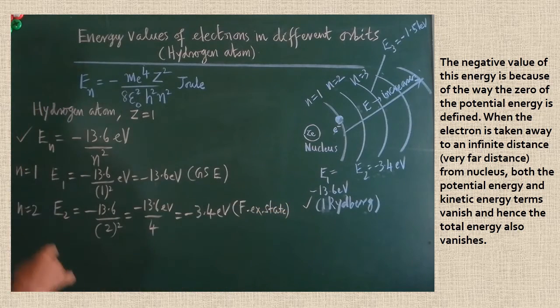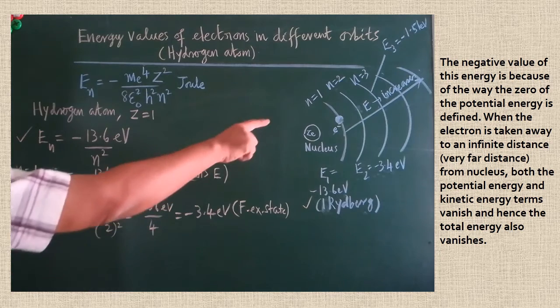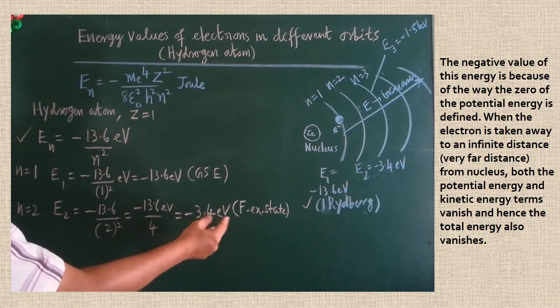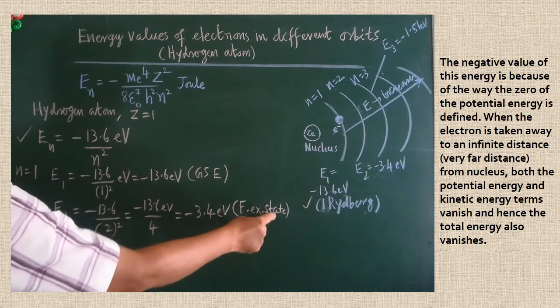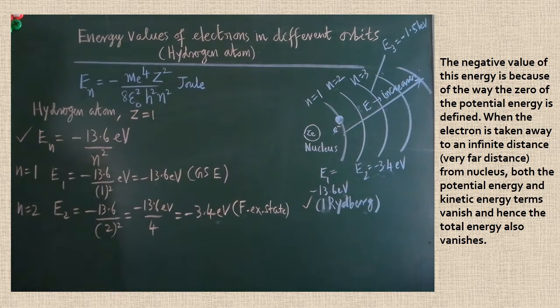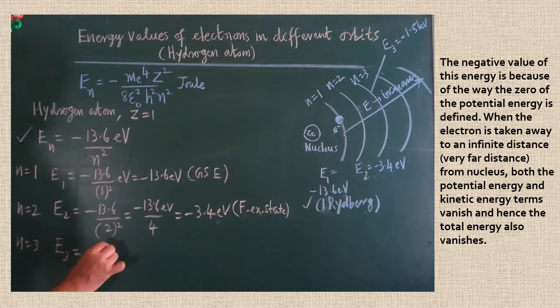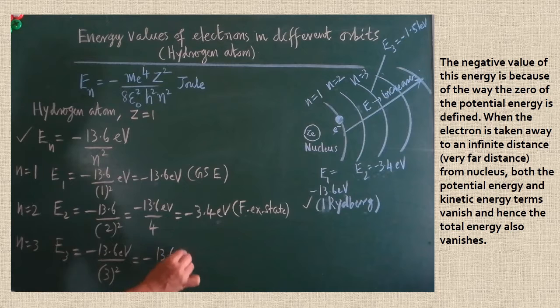If the electron is excited to the next level, the energy of the electron in the second orbit is called the first excited state. Its energy value is minus 3.4 electron volt. Now we are going to calculate the energy of the electron in the third orbit. E3 is equal to minus 13.6 electron volt divided by 3 square, that is, minus 13.6 divided by 9.